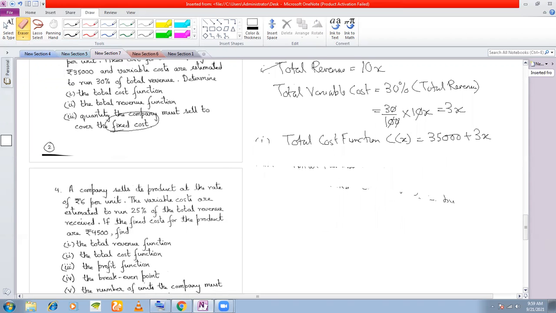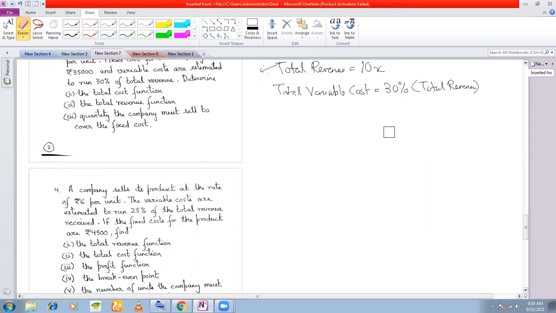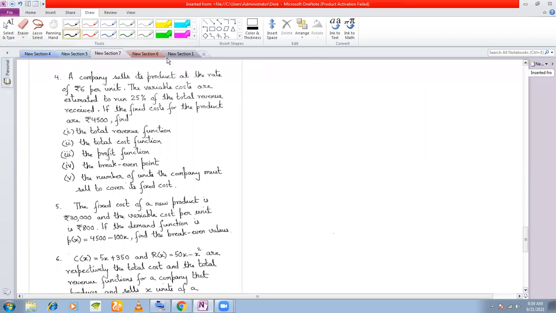Moving on to the next question. Number 4. A company sells its product at the rate of 6 per unit. So price per unit is 6 per unit. The variable costs are estimated to run 25% of the total revenue received. Okay.